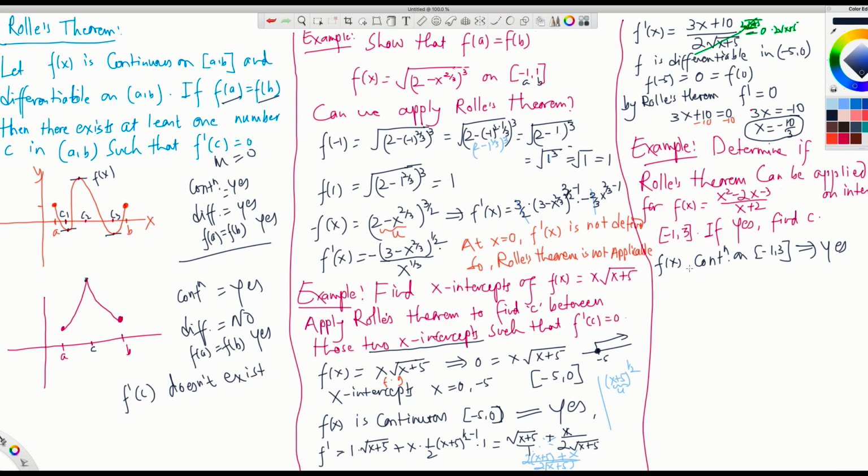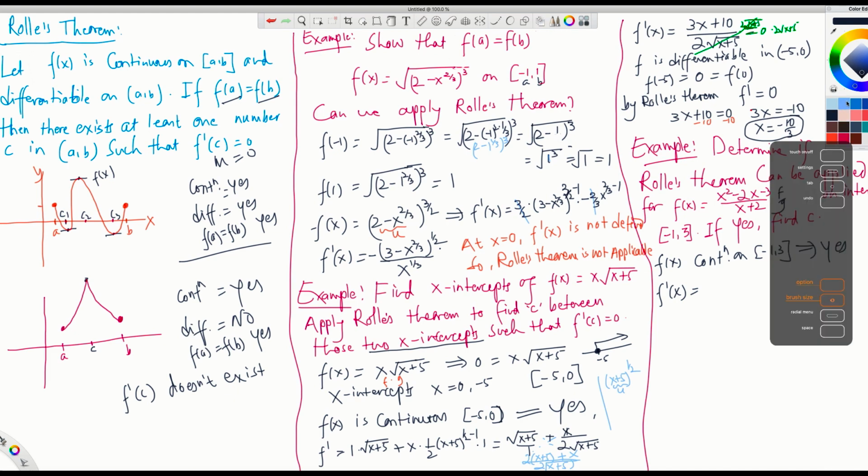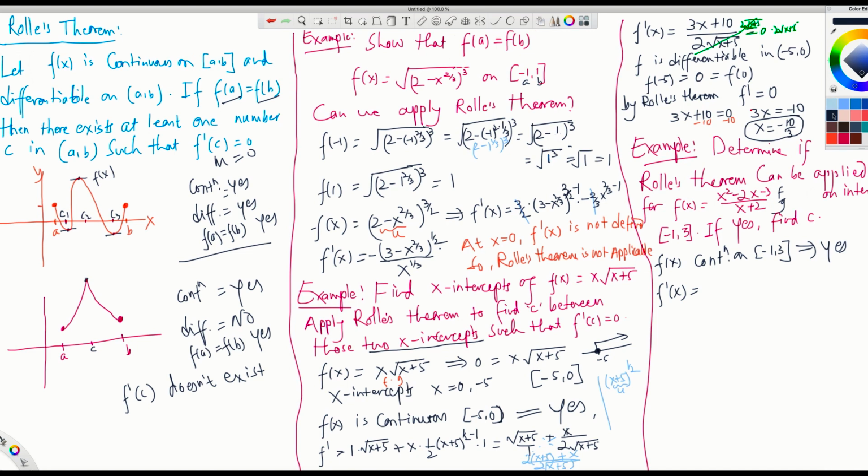How about differentiable? Let's find f prime to check the differentiability. This is like f over g. What is the formula for the derivative by the quotient rule? f prime is (2x minus 2), right?